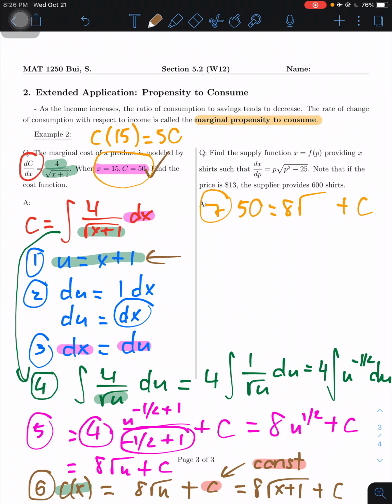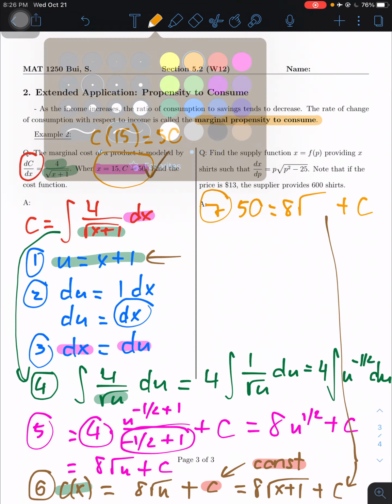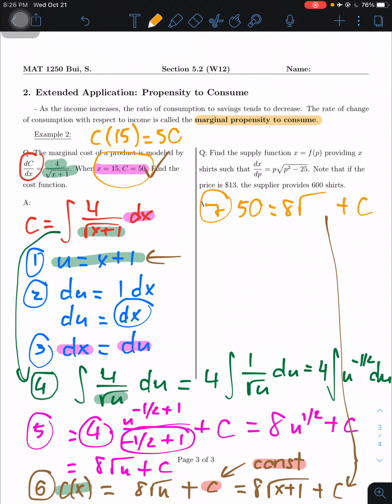And then we're going to use this function for step 7. So it looks like x plus 1, where x equals 15. That means we're going to have 15 plus 1 on the inside. If you were to plug in 15 directly at this equation, you're not going to get a nice answer.